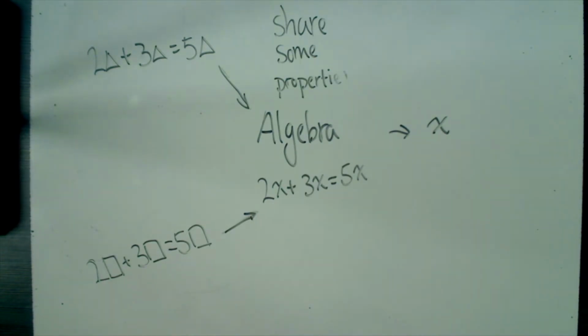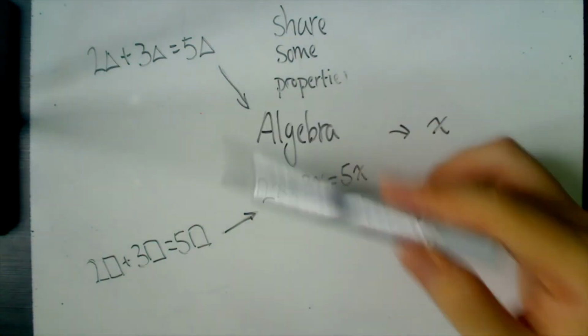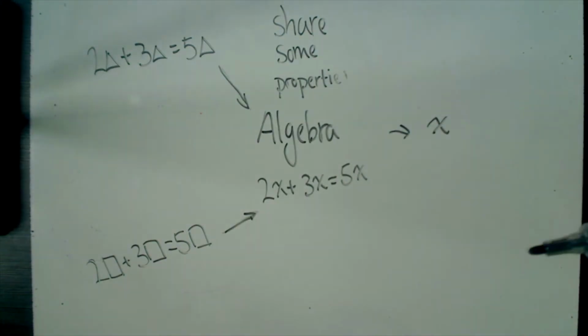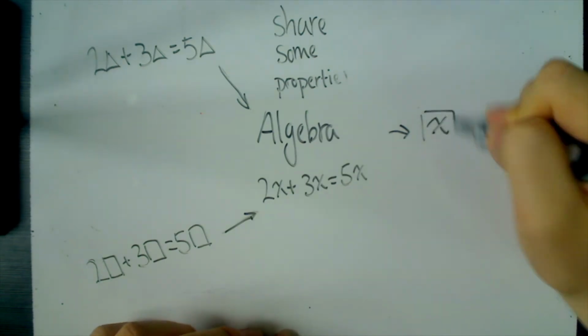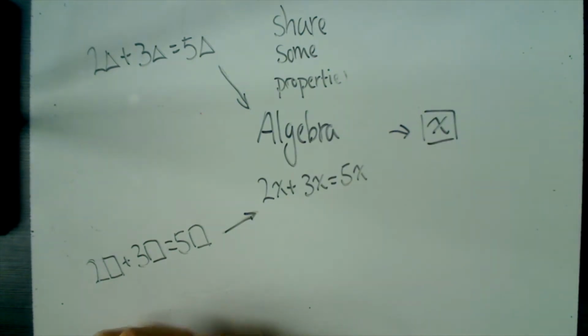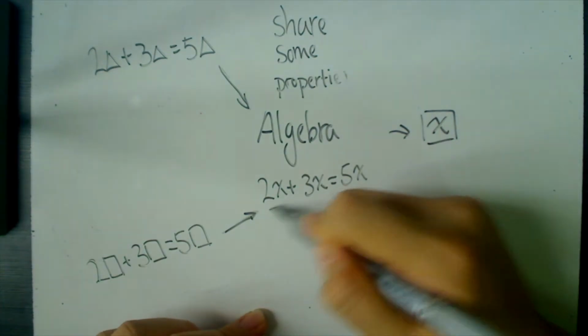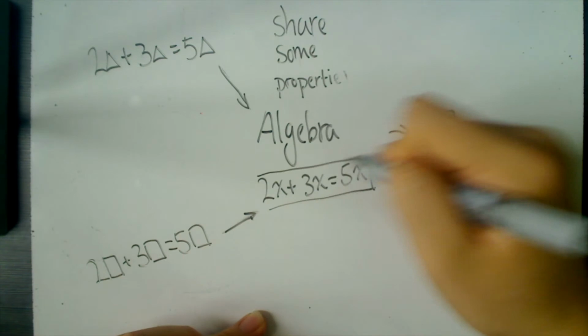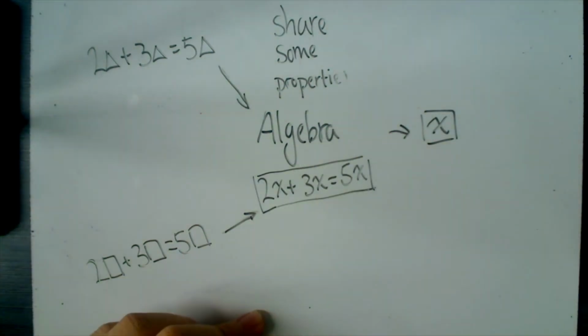And the advantage of doing so is that instead of solving problems about triangles and rectangles one by one like we did over here, we can solve all problems of this form simply by making some general statement about x, about this abstract entity x. In this case, the general statement is 2x plus 3x equals 5x, right?